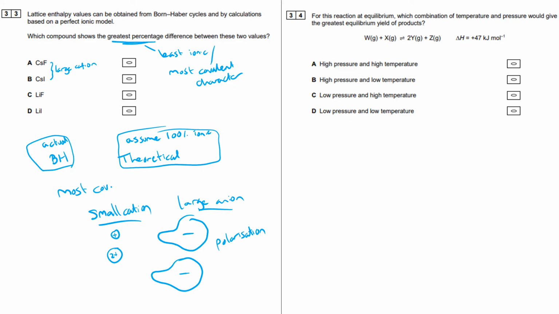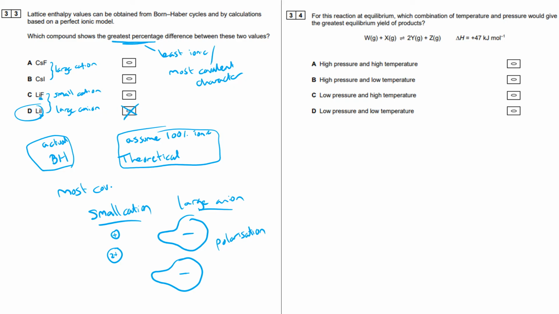Lithium, on the other hand, is a small cation. Fluoride is a small anion, so it doesn't overlap, it doesn't polarize very easily. Iodide is a large anion. So you are going to get quite a bit of covalent character in iodide compounds. So lithium iodide will have the greatest difference between the two.